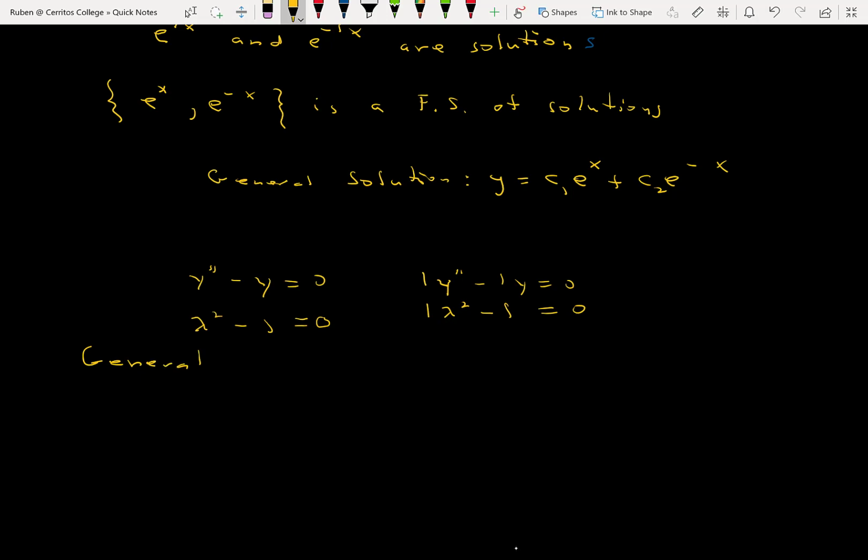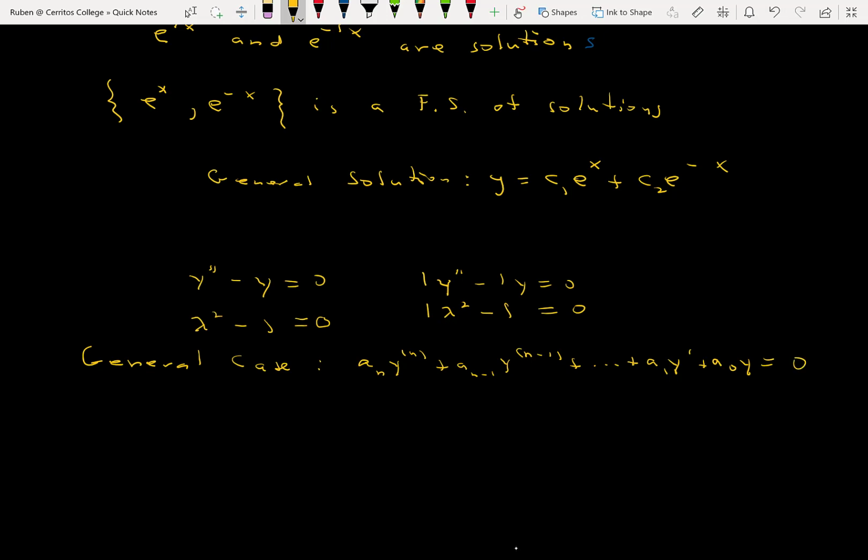So the general case says, consider the homogeneous, constant coefficient linear differential equation. Oh my goodness, that was one big chunk to chew. a sub n times the nth derivative, plus a sub n minus 1 times the n minus 1st derivative, where the a's are constants, plus dot dot dot, all the way down to a sub 1 y prime plus a sub 0 y equals 0.